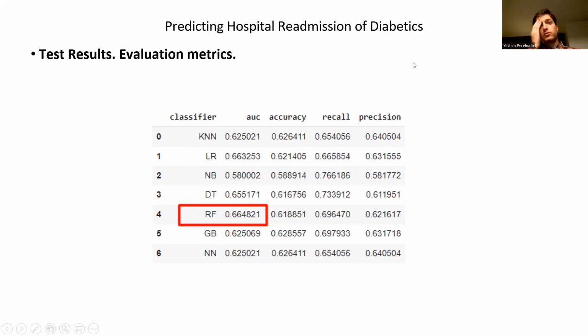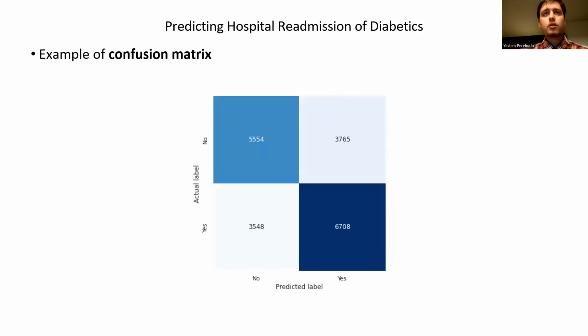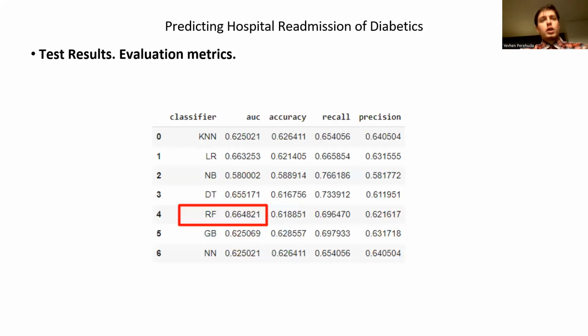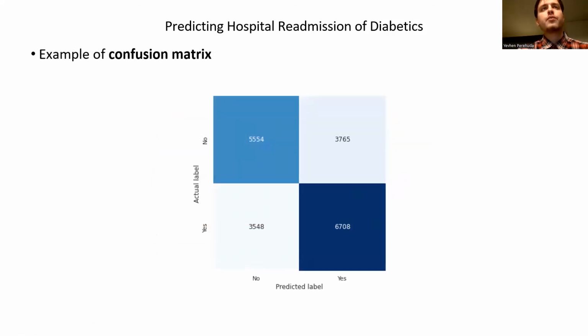And we decided to focus on area under curve as our main measurement. As we can see, the best results are for logistic regression, decision trees, and the first one is the random forest model by this metric, area under curve.